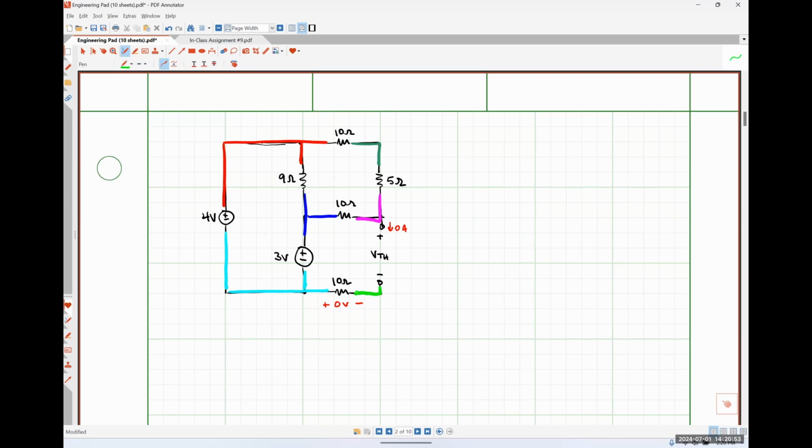So you may be looking like, let's see, I have 1, 2, 3, 4, 5, 6 nodes, but I still firmly believe that nodal analysis is actually the better tool to use here.